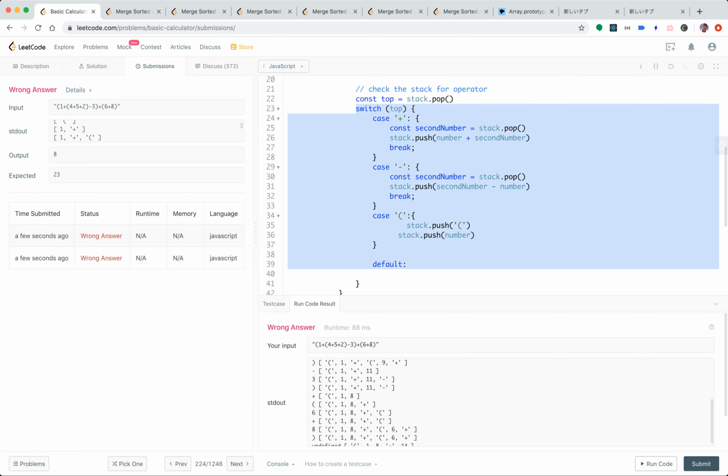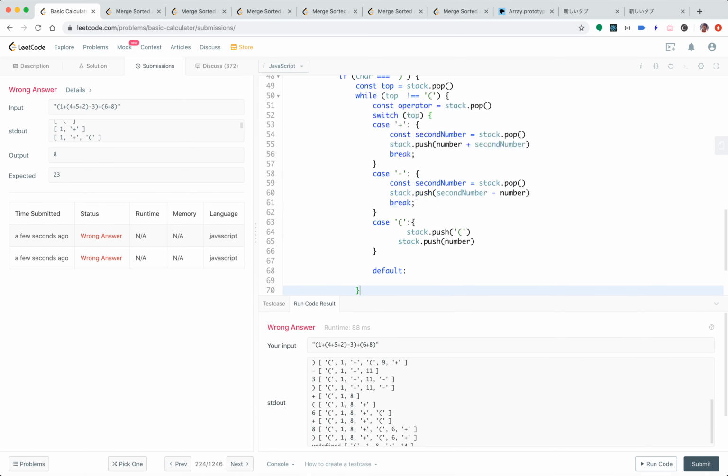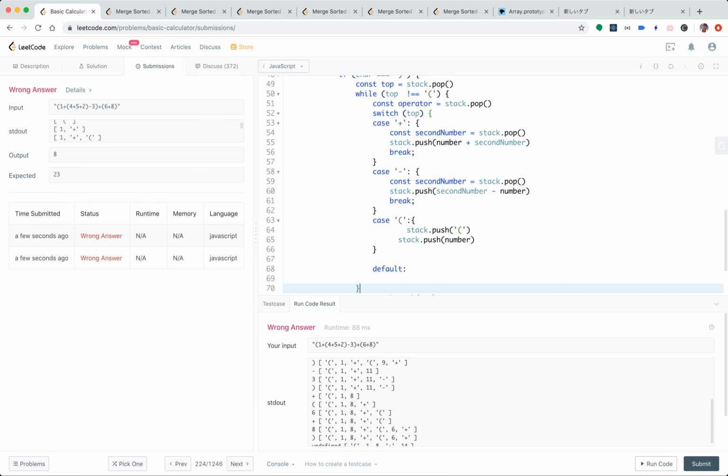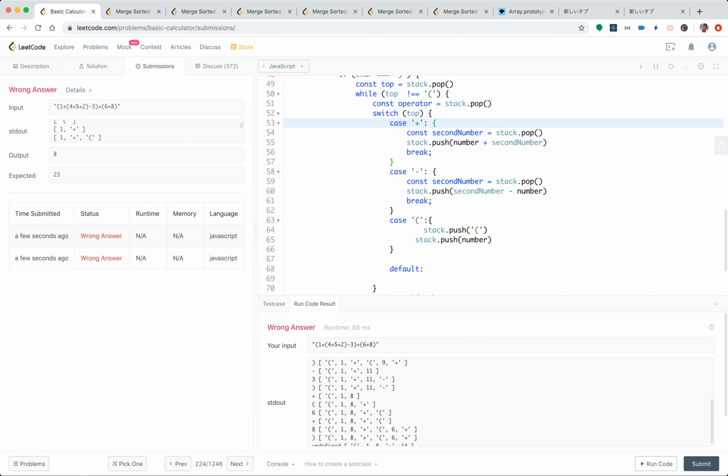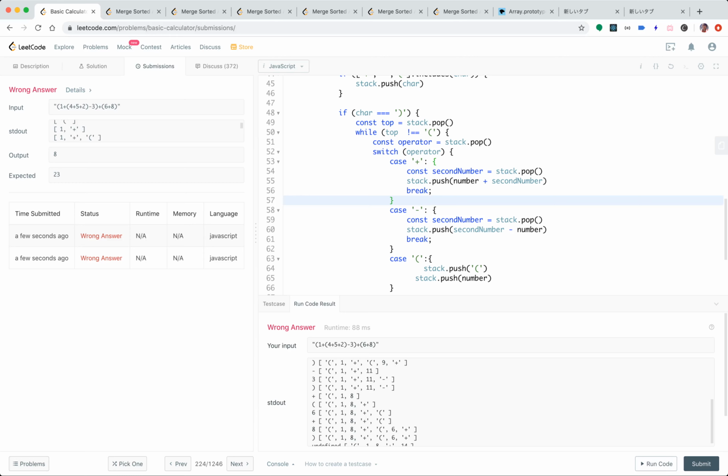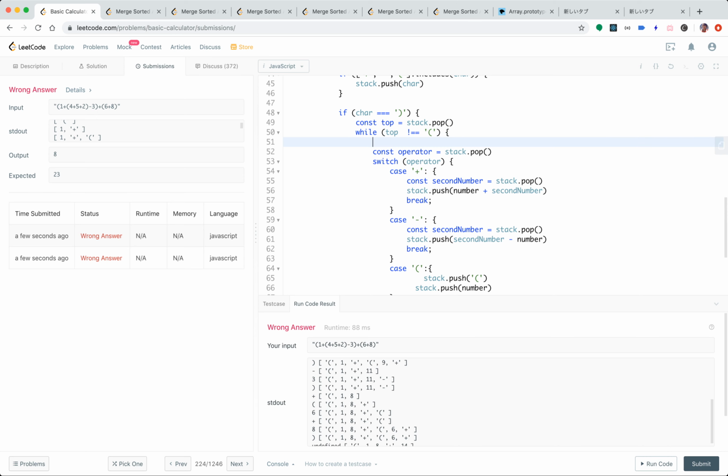We need to like this. Switch operator. If case this, and then const number equals parse int pop.